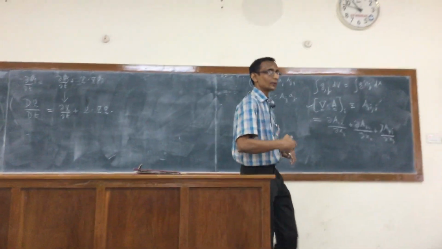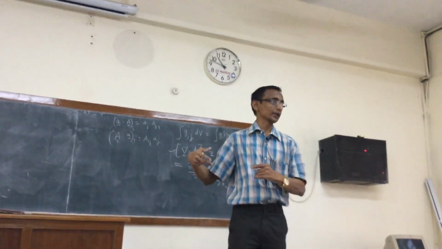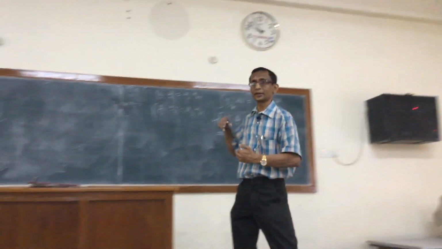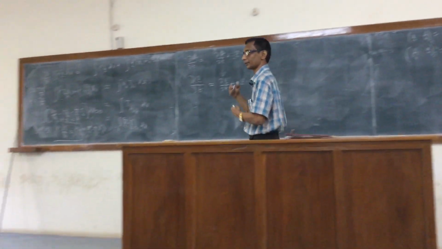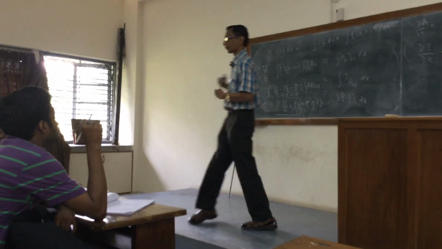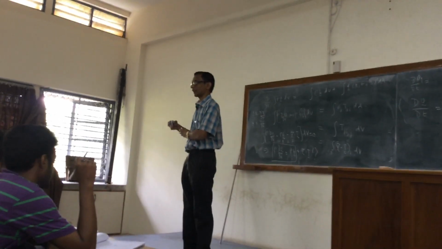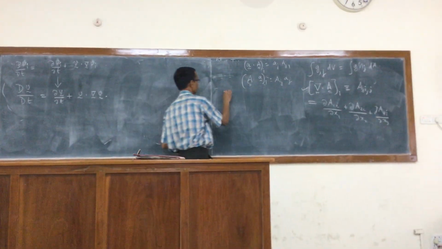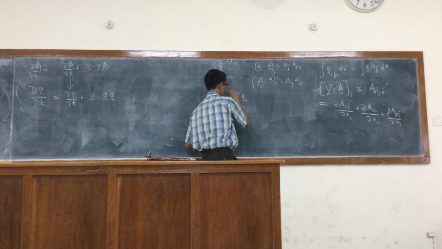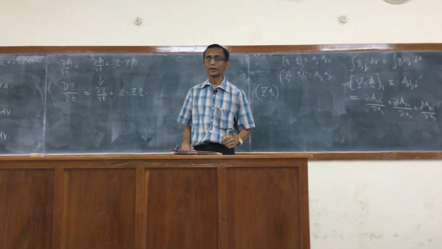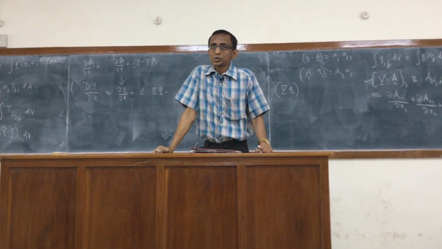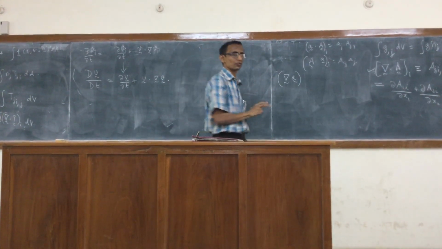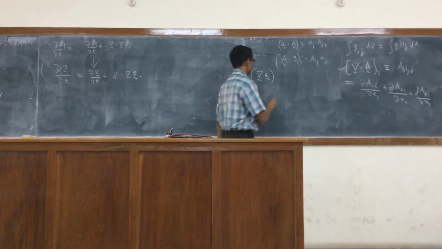So again, the gradient of a scalar is a vector. The gradient of a vector, you can guess, would be a tensor. Right? So the divergence of a vector is a scalar. The divergence of a second order tensor is a vector. The same way, the gradient of a scalar will give rise to a vector, and the gradient of a vector can be shown to be a second order tensor. We are not going to get into the technical proofs. We simply assume that they are tensors.